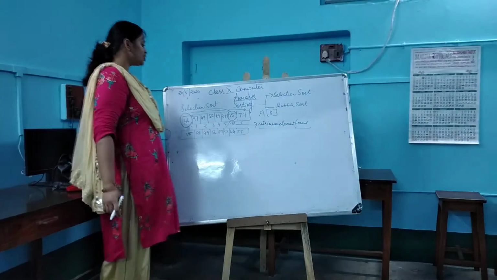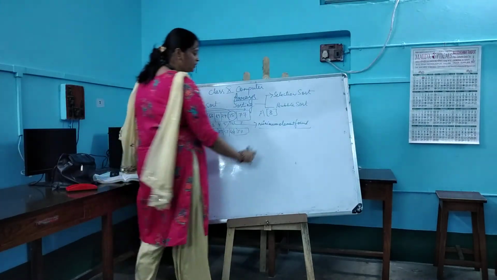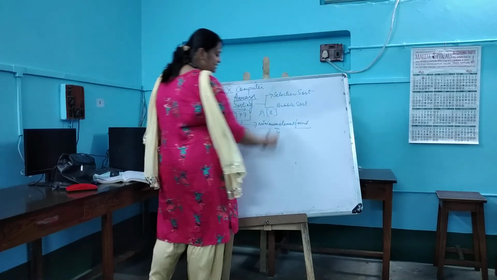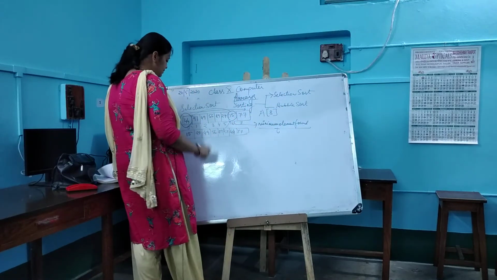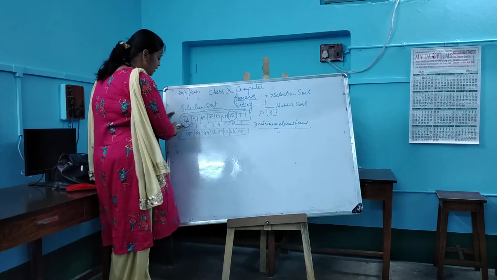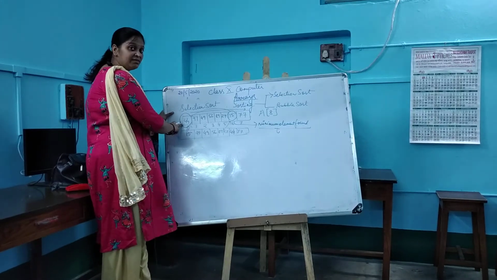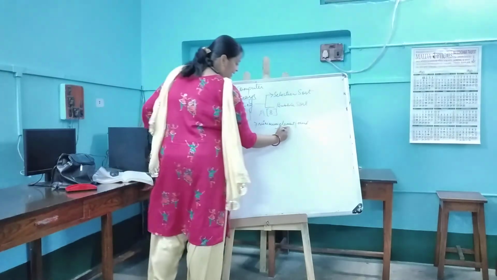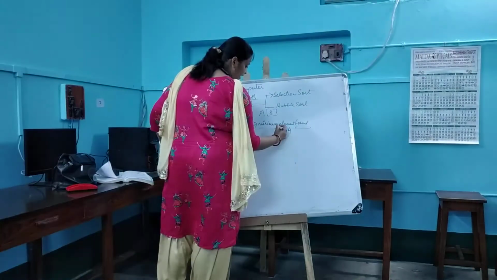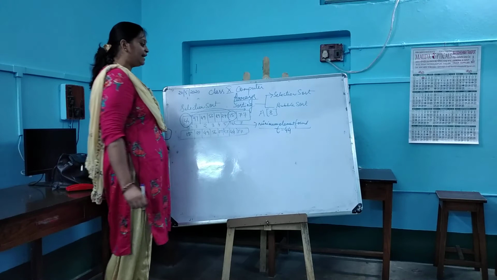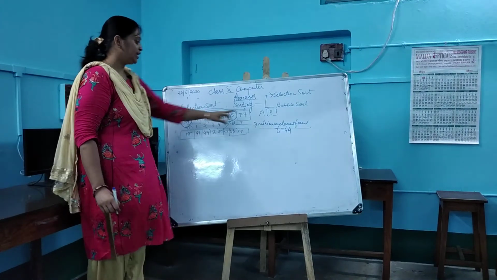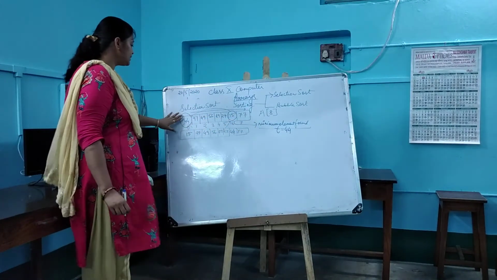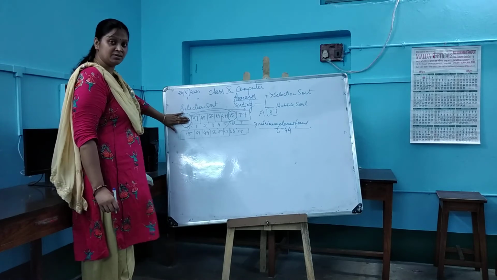Now how is this interchange, or swapping, taking place? It is taking place with the help of a third variable, say for example t. Say we begin with the first element. We take this 44 and keep it in the third variable named t. After keeping 44 from the first position in t, this place becomes vacant.